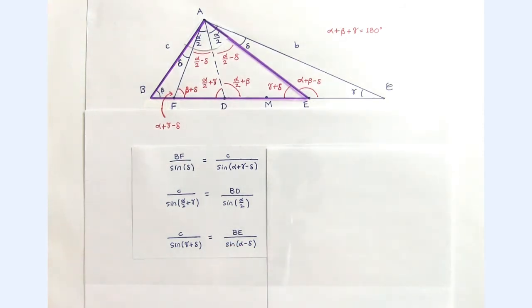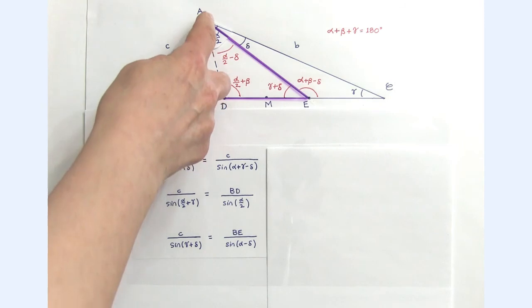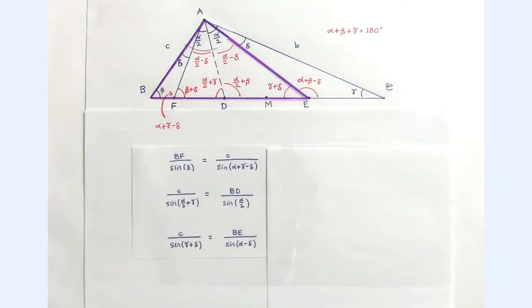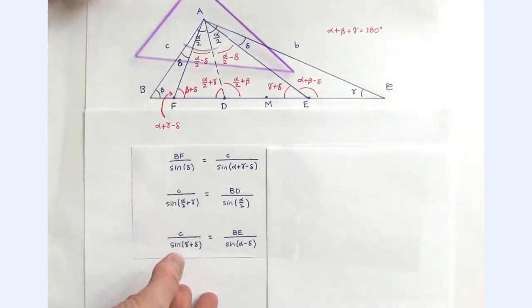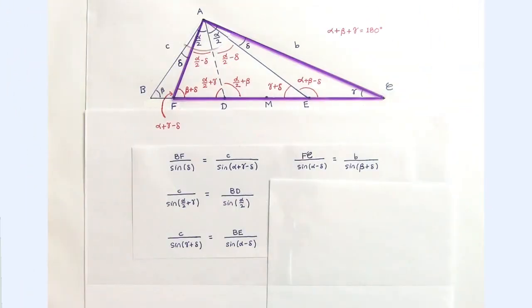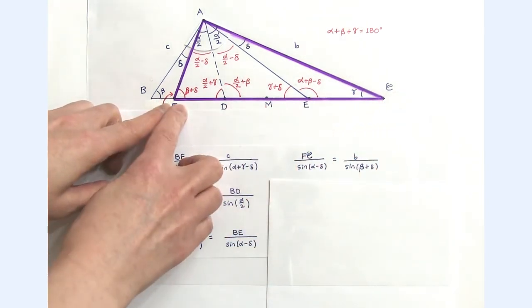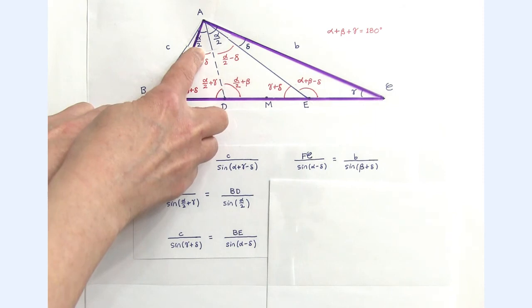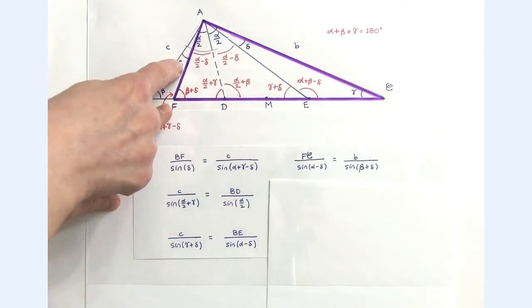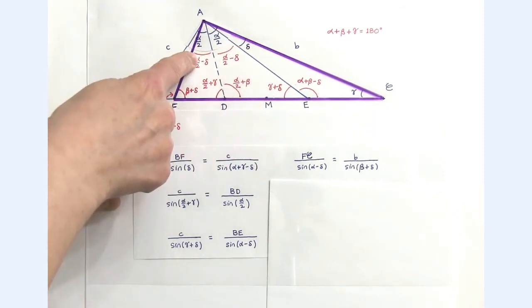Now I have 3 more triangles to look at on the right-hand side of this diagram. So the next triangle I'm looking at is triangle AFC, like this. And when I look at this triangle, we have this side length FC, which is opposite this angle, which is the total alpha minus this bit, so this is alpha minus delta.